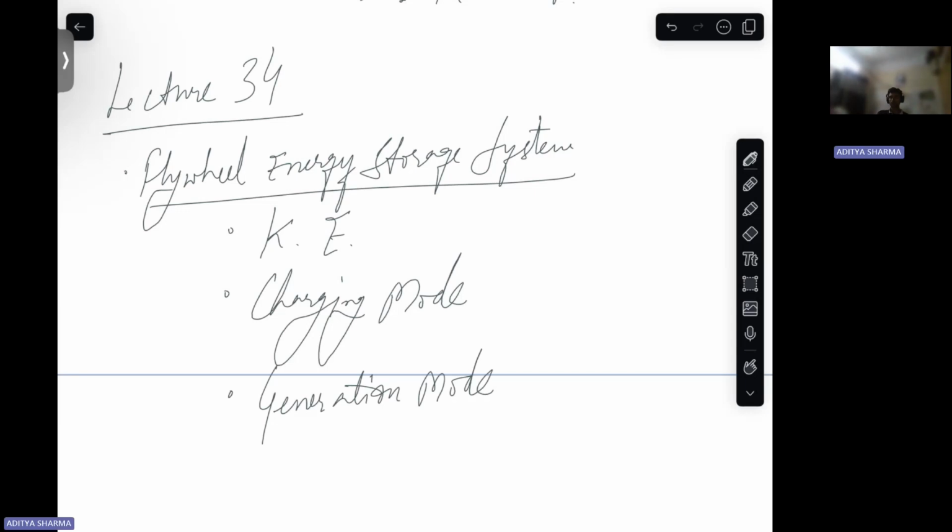So what happens in your charging mode? Your motor adds energy to the flywheel, the extra energy. Okay. And in the generation mode, your rotor coasts the generator. Okay. So this is used during peak loads.